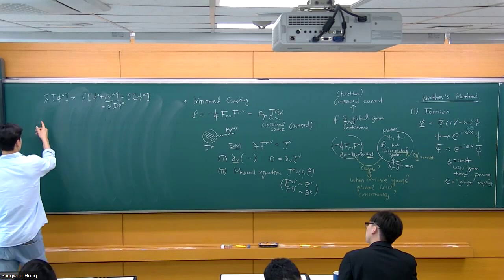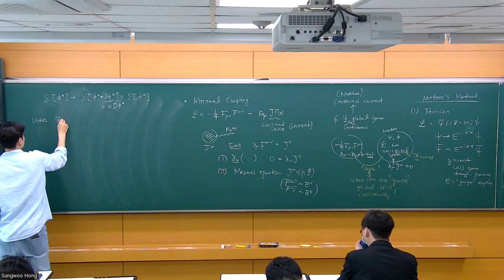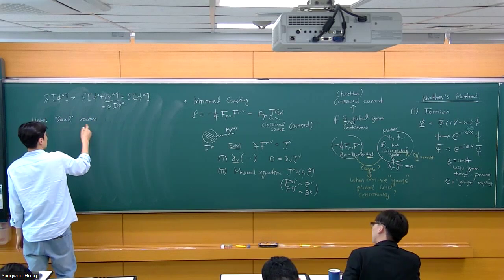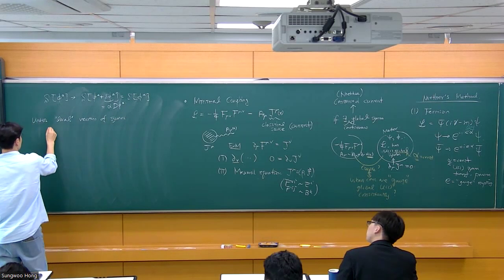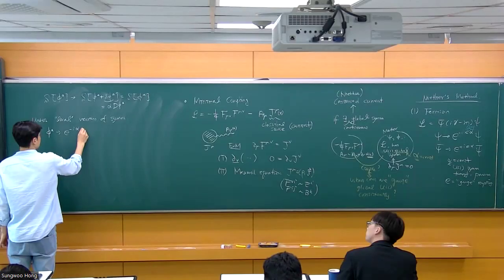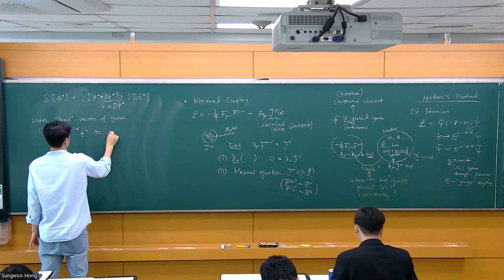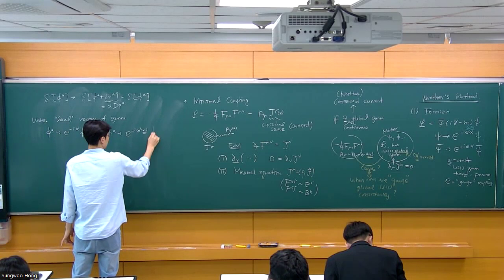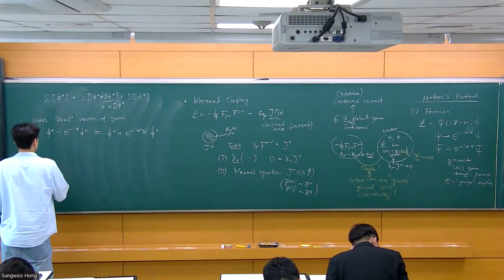Now, on the other hand, under a local version of the symmetry transformation, for instance, if I had a transformation that goes like e to the i alpha of phi A, now instead phi A goes to e to the minus i alpha of x times phi A. Under the local version of the symmetry transformation, what would happen?